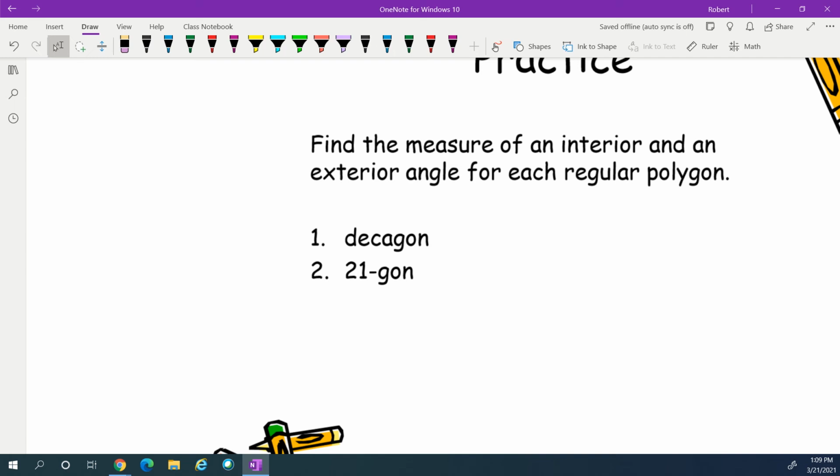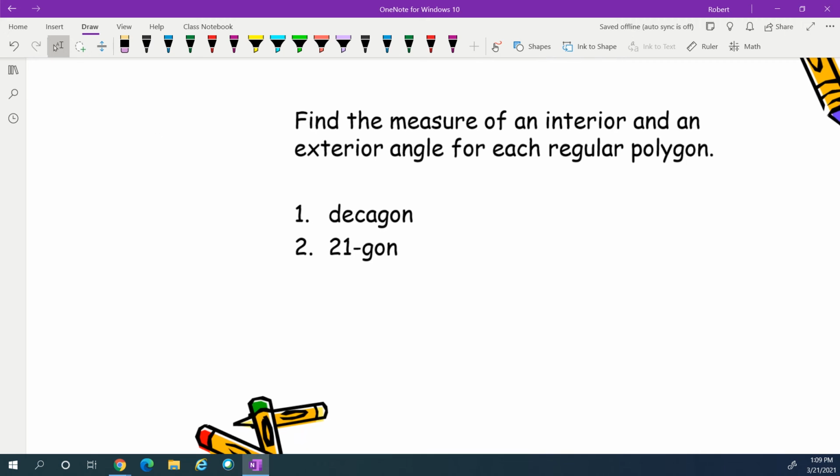Find the measure of an interior and exterior. We've kind of done this problem already. We've got 2 different ways to do it. Option 1, 10 sides. So we can find the sum of the interior, which is 1440.